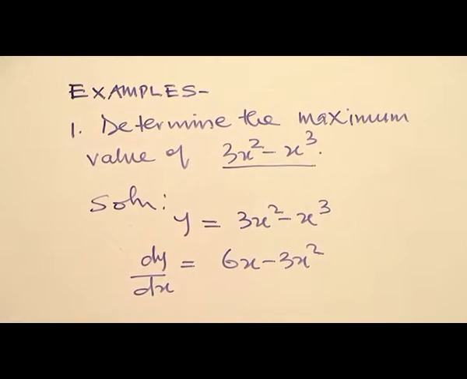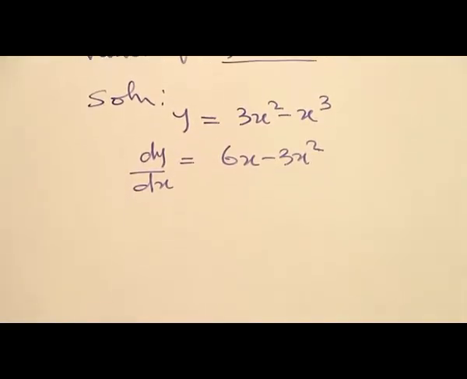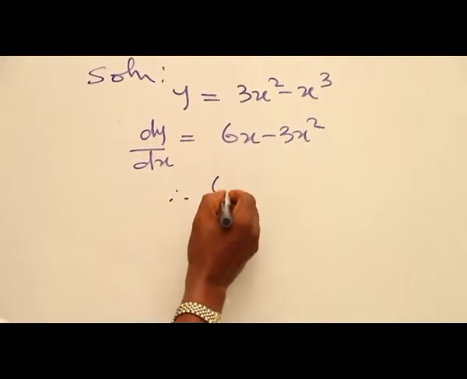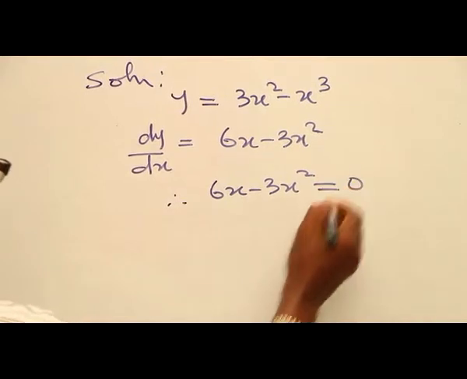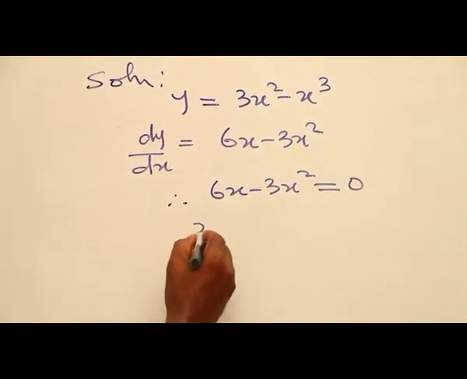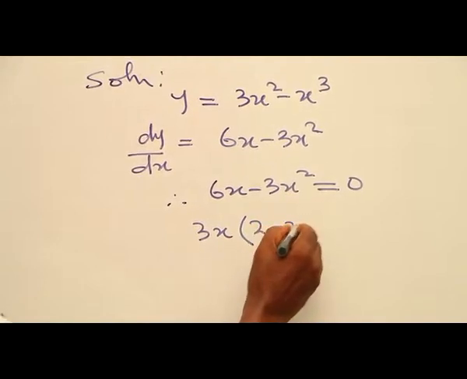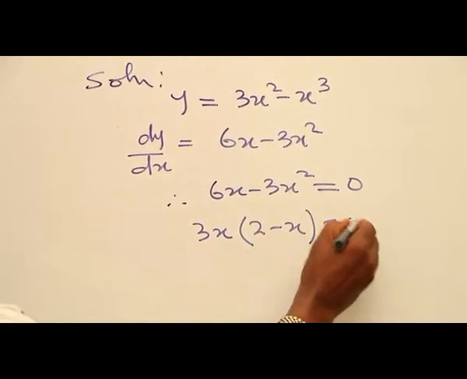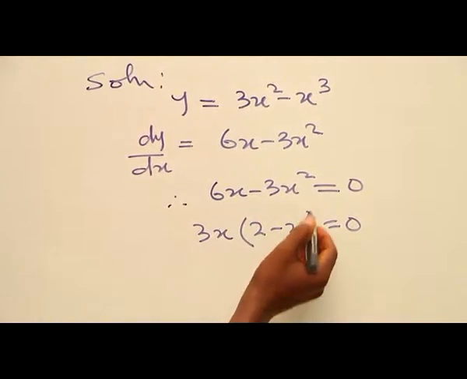Good. So now that we have found dy over ds, we have that 6s minus 3s squared must be equal to 0. Factorizing this, you have 3s into 2 minus s is equal to 0. This will give you 6s, this will give you minus 3s squared.